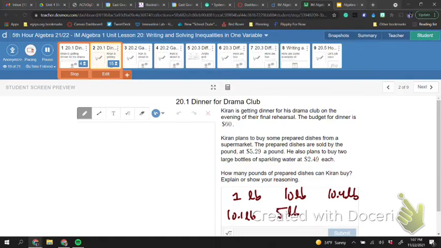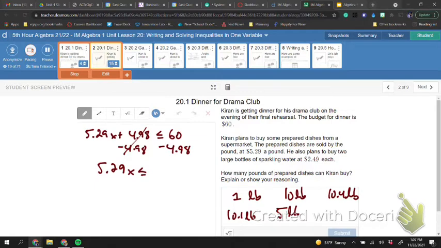So, here's how we're going to do this. We're going to take our original constraint. The $5.29 per pound plus the $4.98 for drinks needs to stay less than or equal to our 60. We can solve this just like an equation. Right? So I'm going to subtract $4.98 from both sides. And what this is saying is, it's $5.29 a pound that has to stay under.